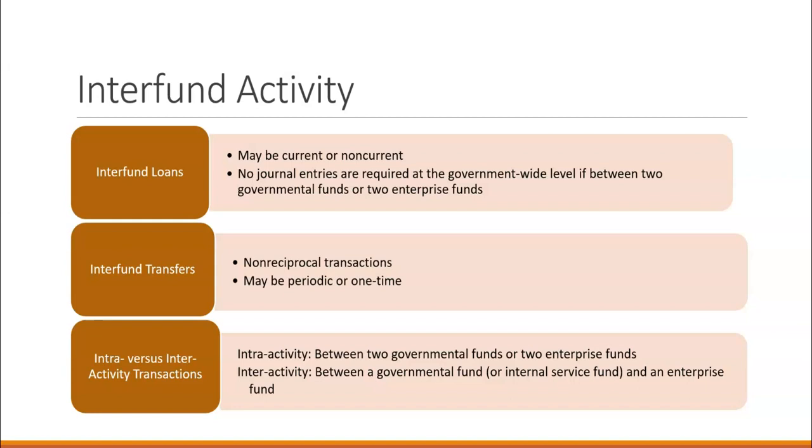Okay. Interfund transfers are non-reciprocal transactions, so we don't expect that money to be paid. It could be something that happens on a recurrent basis, or it can be a one-time thing. So this is when you don't have to pay back.